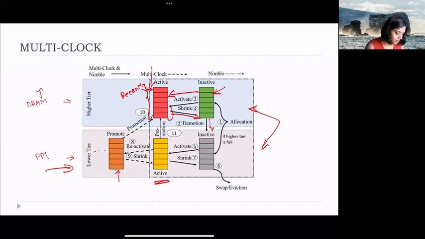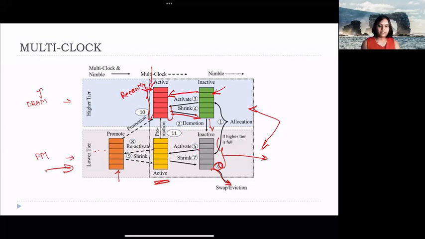Now, when the inactive list of the lower tier is filled, what do we do? We do not have another list to shrink this data to, right? In that case, as shown here by 6, we would have to swap or evict the data to another storage media. We can no longer support storing this data inside the memory.